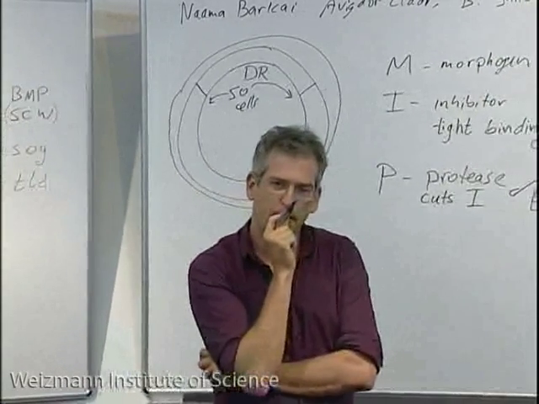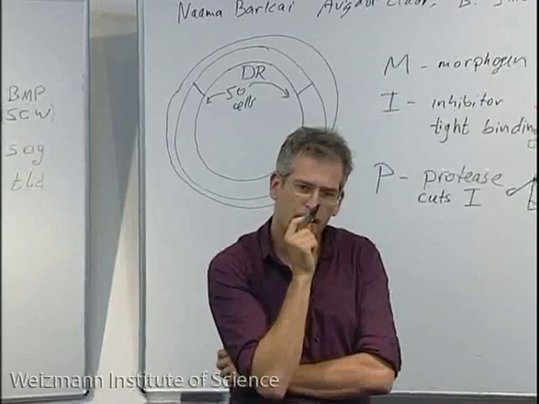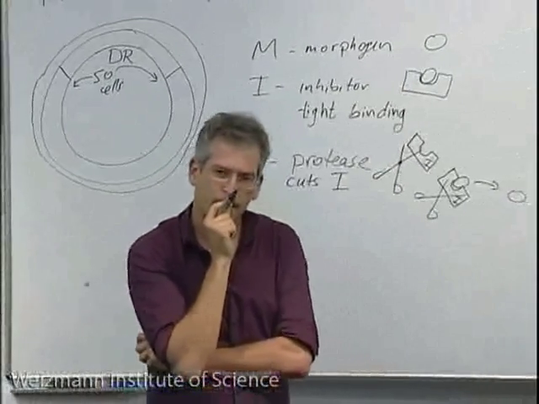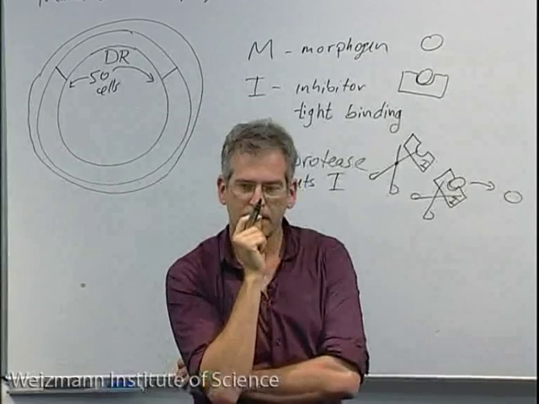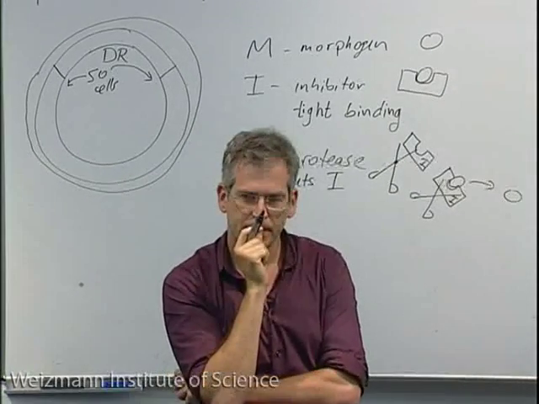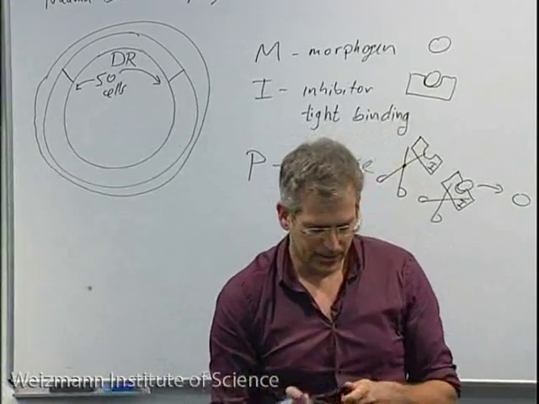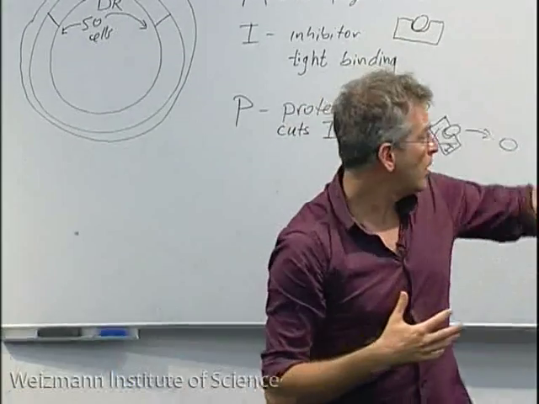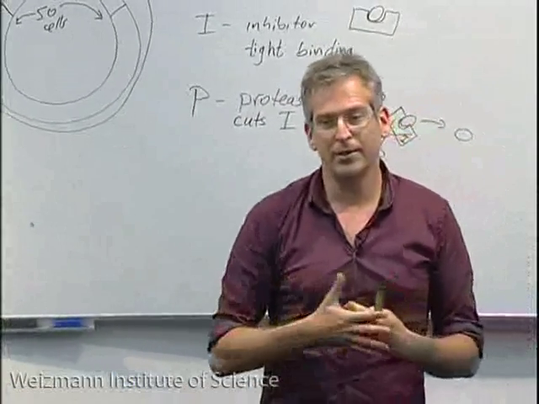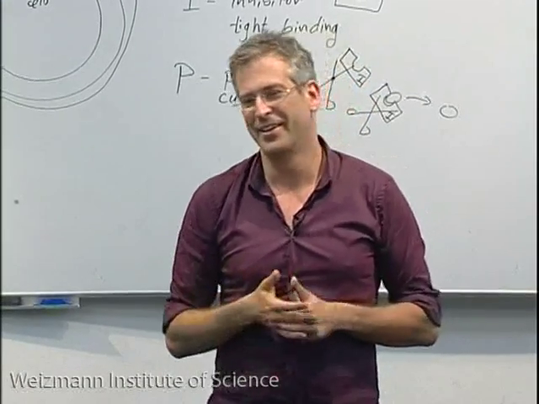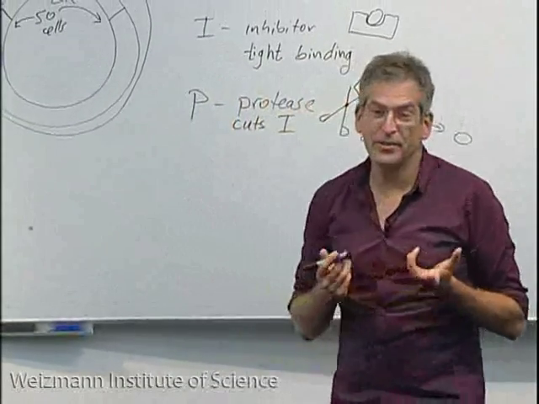Another question: should the timing of the morphogen production be very precise in the development stage? The question is about robustness to errors in timing. Let's say it's half an hour late. That could be quite disastrous.